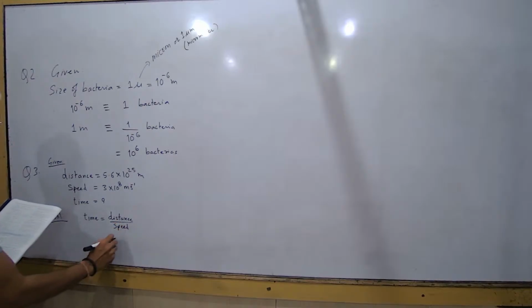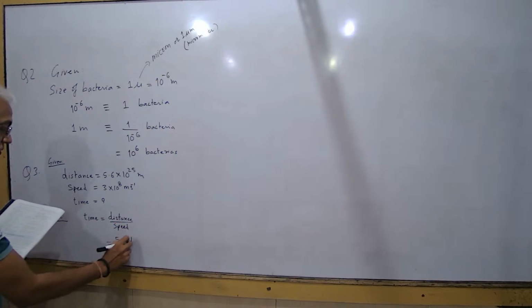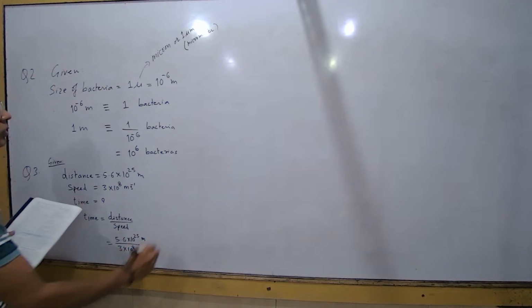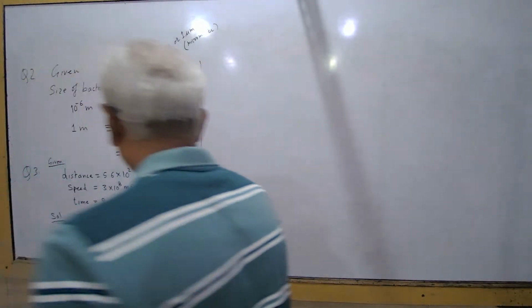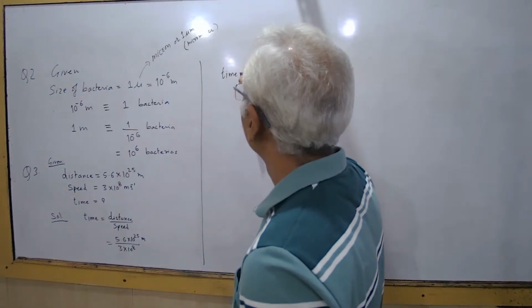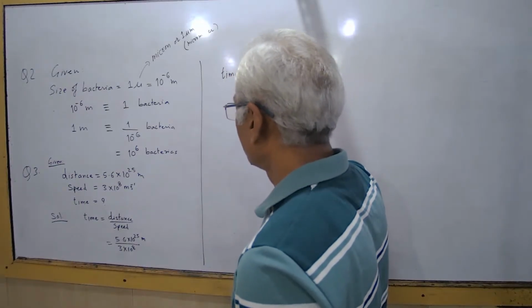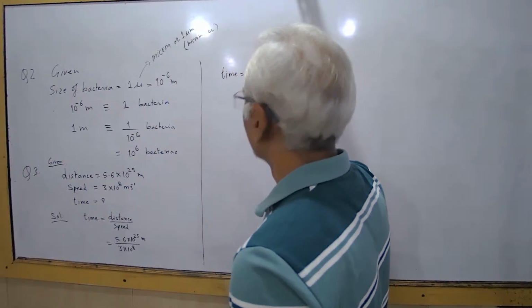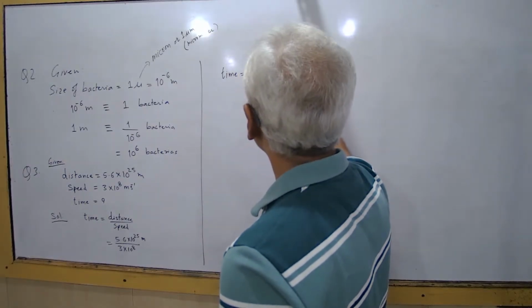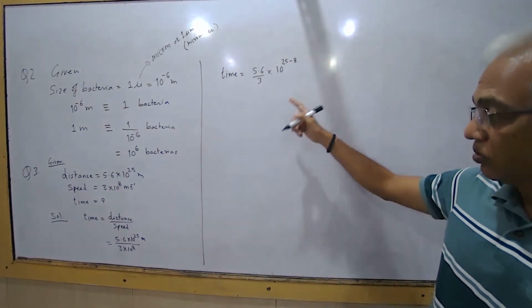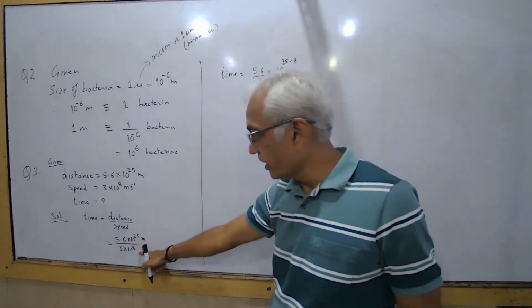What is it? Distance is 5.6 into 10 raised to 25, divided by 3 into 10 raised to 8. Do it for yourself. Then you have 10 raised to, this will be 25 minus 8. So you have to be very careful how to do this power calculation. It is 10 to the power 8.